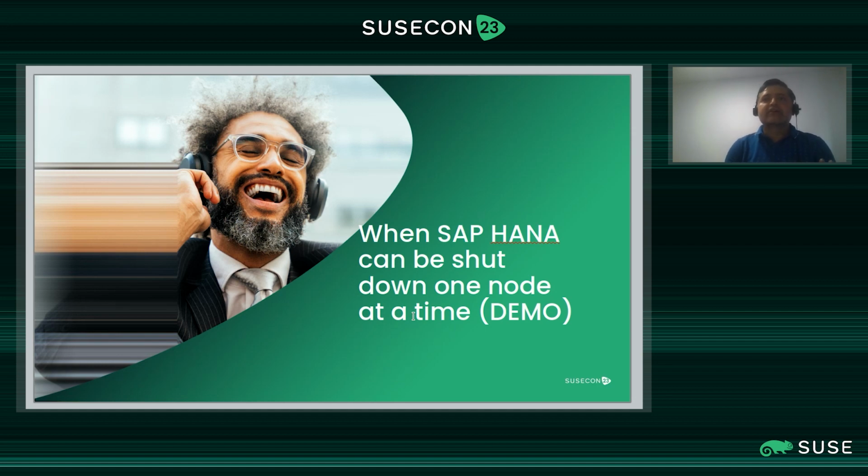It is still serving the HANA database services to the application while we are performing the maintenance on the other node, and then we switch the roles and perform the maintenance on the old node, and the upgraded node can then serve the HANA database.